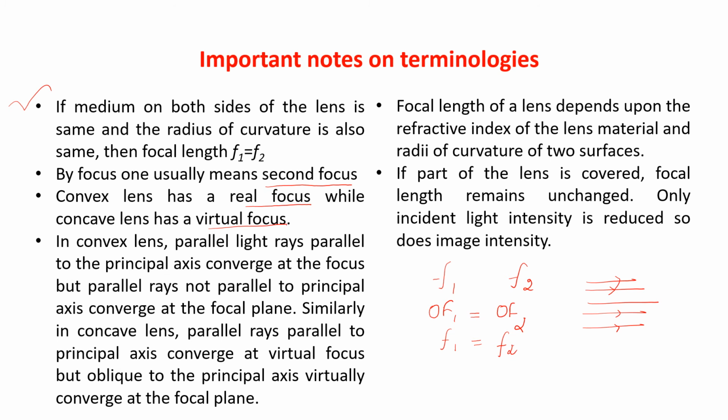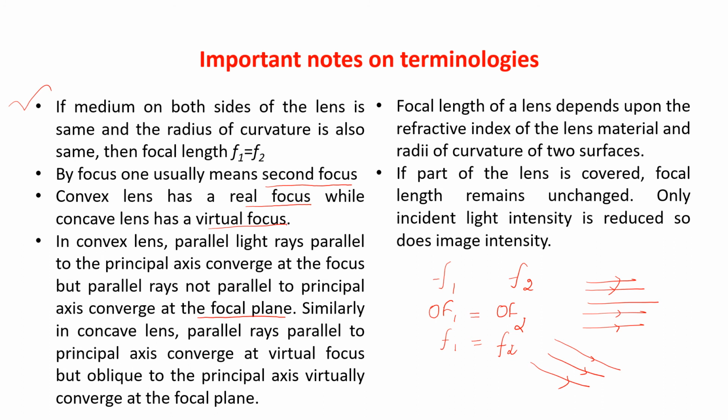But parallel rays which are not parallel to the principal axis also can be there, and they converge at the focal plane. Very important to know, because all this will be required for ray diagrams.